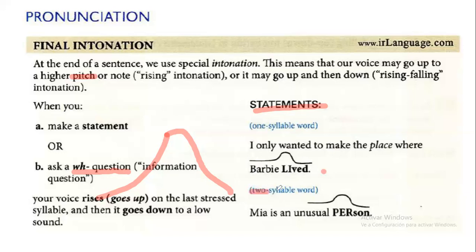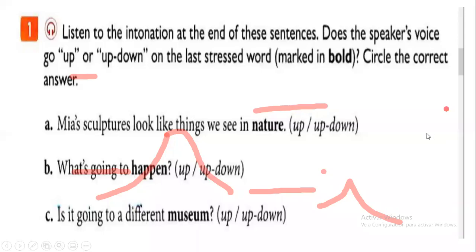Also for two syllable words, as in the word person. You see, person. So, Mia is an unusual person, goes up and then down. We call it rising and falling intonation, but we also call it up down intonation.